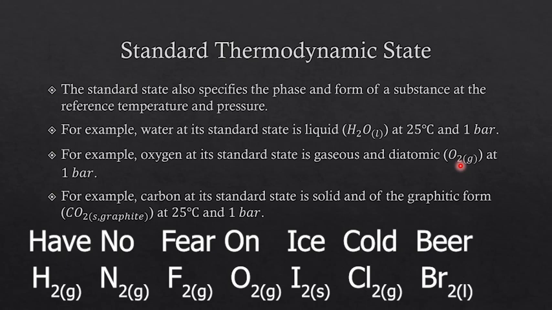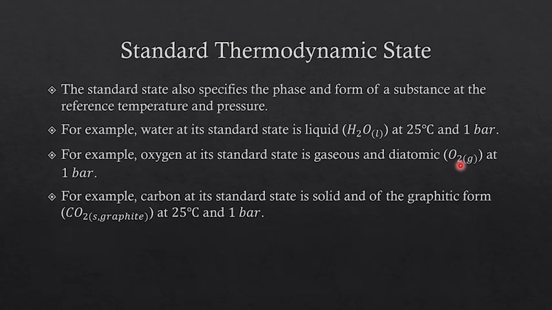Those are 7. Have no fear on ice cold beer. Okay? Those are flashed in your screen right now, and remember that they are stable in their diatomic form. But take note that 5 of them are gases, 1 is a liquid, and the other is a solid.